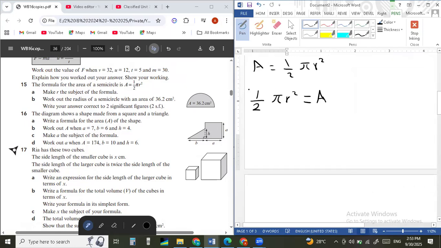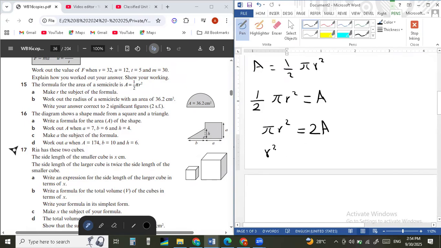Now, what is the last thing that happened to r squared? The r got squared, then it got multiplied by pi, then it got multiplied by half. Well, I need to get rid of the half. So getting rid of the half means divided by 2, so I'm going to send it there times 2. So pi r squared equals 2A. Now I need to get rid of that pi. It is multiplied by r squared, so I'm going to send it there, divided by pi.